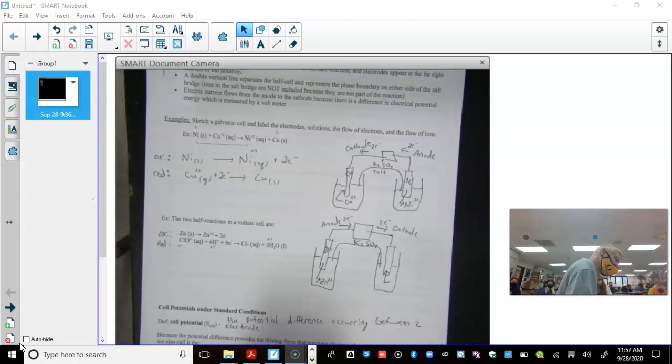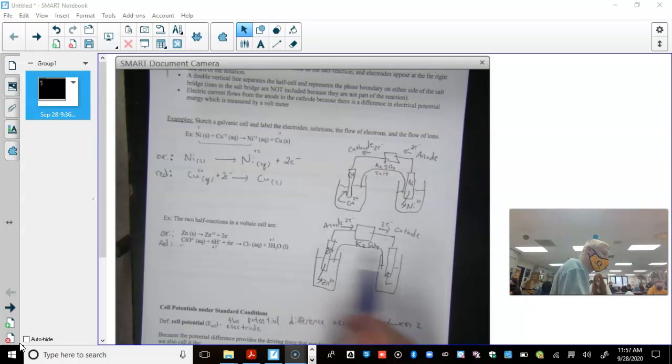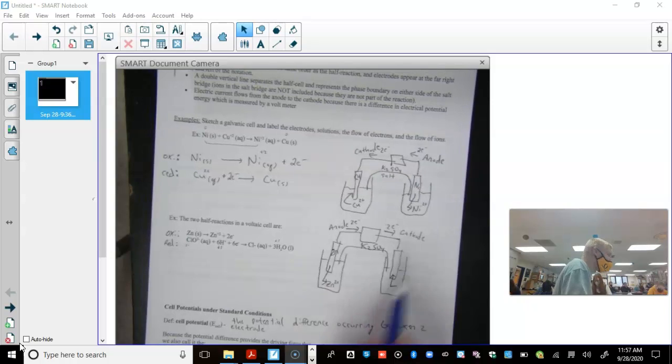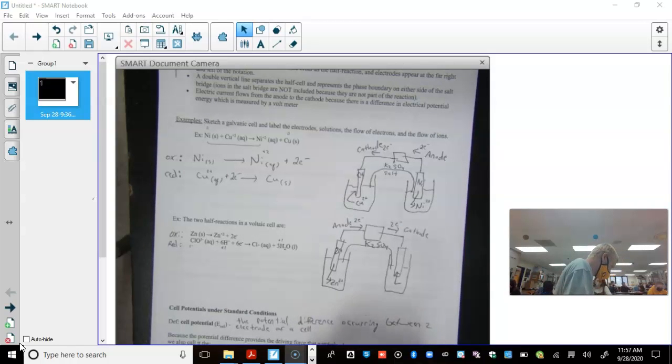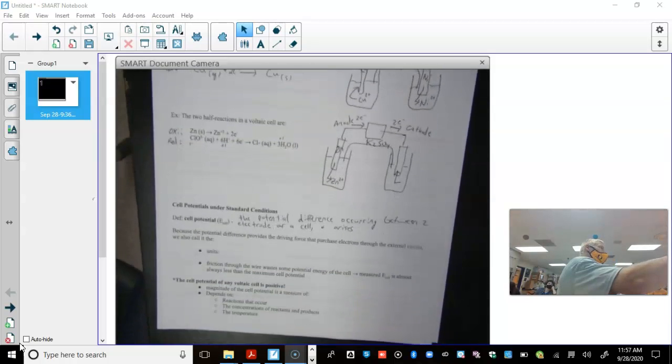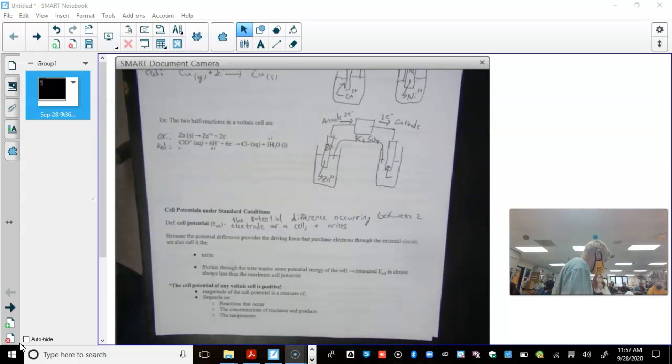So it's basically the difference between the two potentials of the electrodes in a voltaic cell. That's it in a nutshell. Let's get the full definition out. Electrode potential of a cell. It is the voltage. You got it.